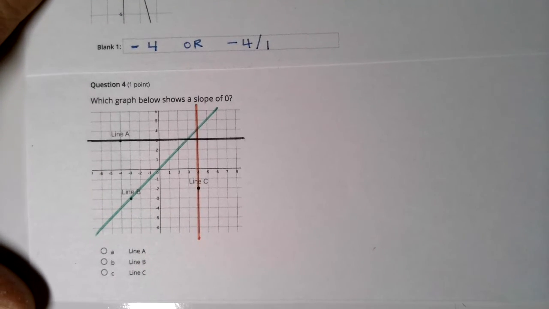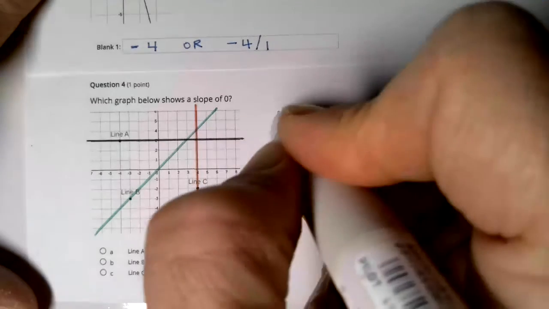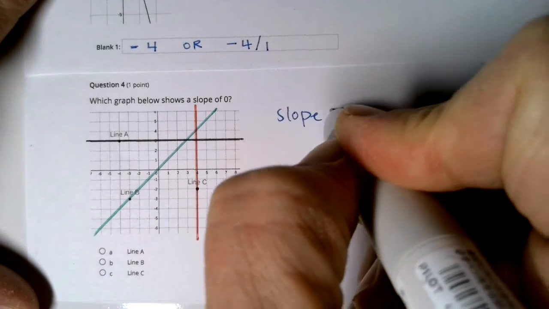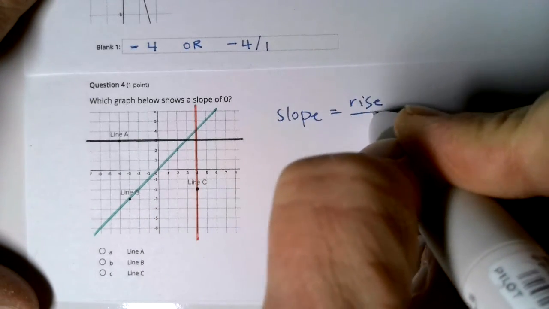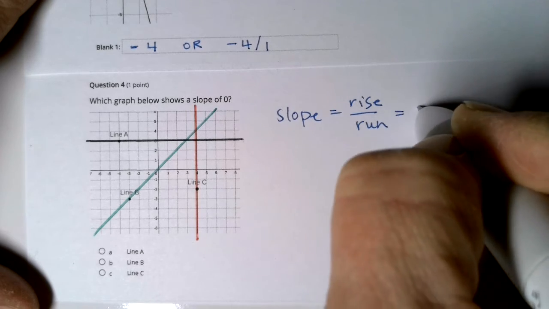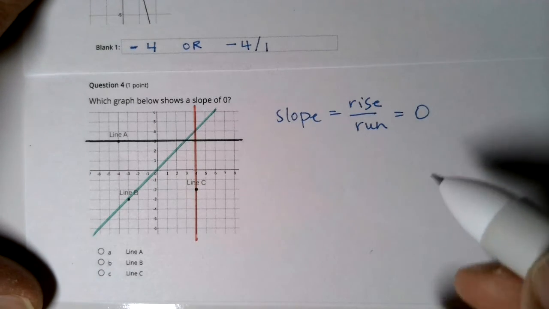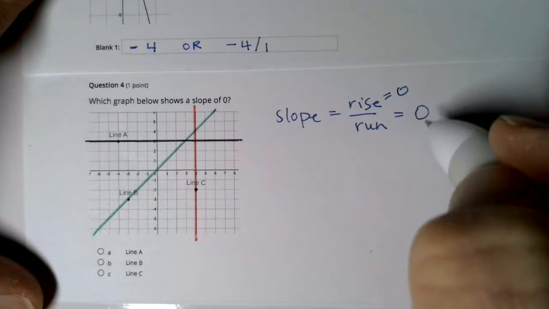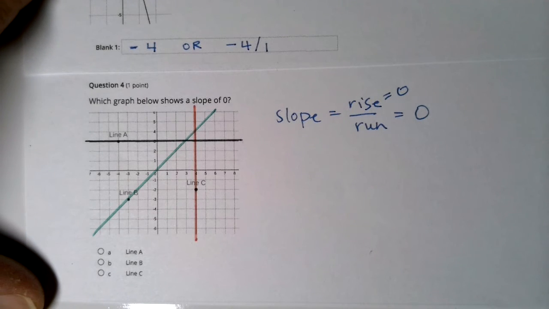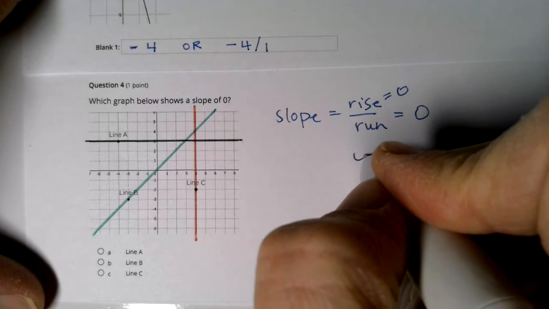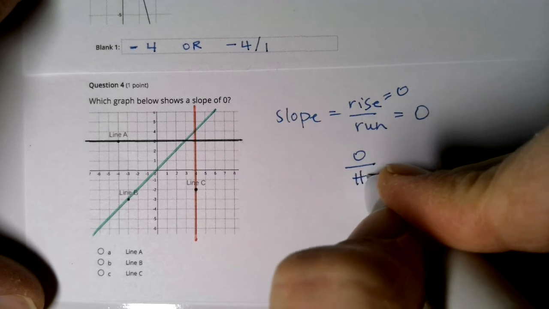A slope of 0, if I think of slope again as rise over run, in order for this to be 0, the rise has to be 0. The numerator has to be 0. So I need to have something like 0 over some number.